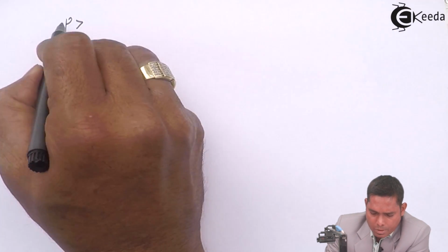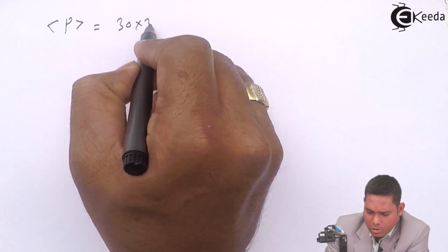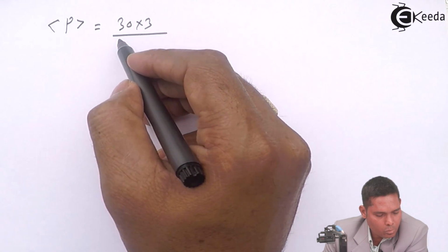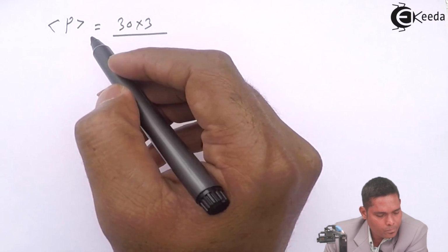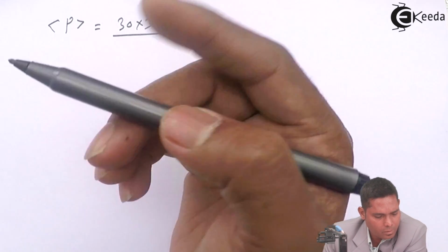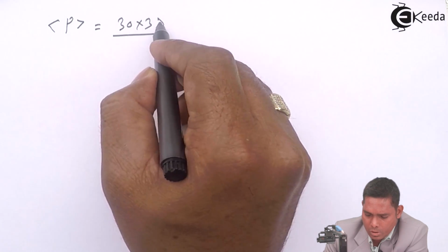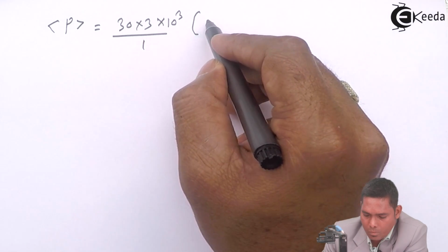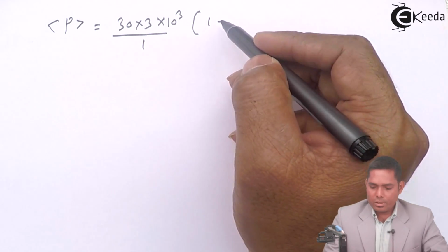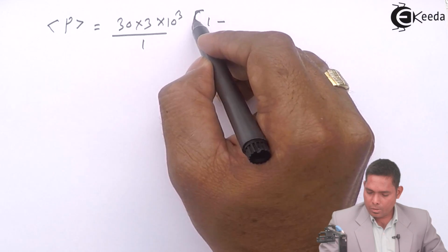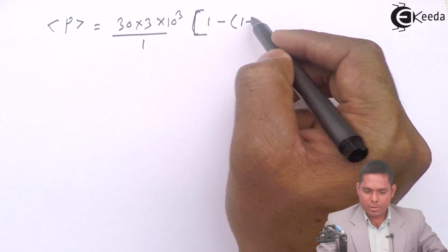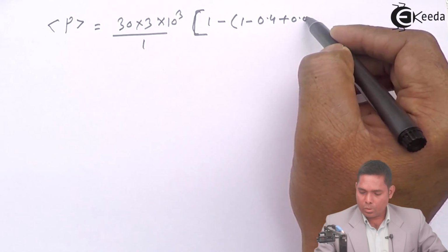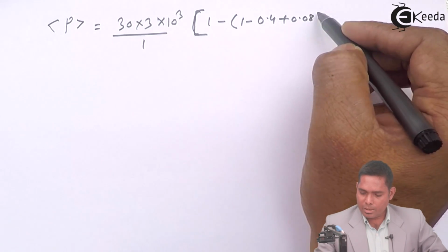Power comes out to be 30 into length 3 divided by 0.2 into 5, that is 1, so I have only 10 raised to 3 over here, and then 1 minus 0.4 plus 0.08, and the other factors I'm neglecting.